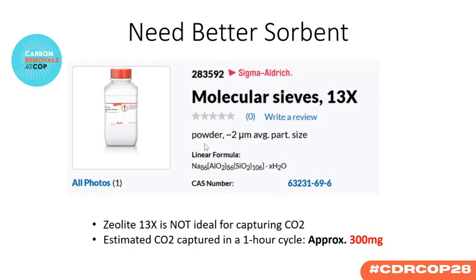I will say that we had to buy one bottle of this to fill up our sorbent pocket. It was a kilogram and cost like $150, I think. With that amount, I did a back of the envelope calculation, and it looked like we were able to capture about 300 milligrams in a 1 hour cycle with half hour of adsorbing and half hour of releasing. Not great, but it's there.